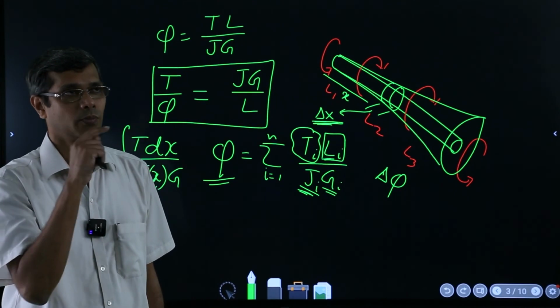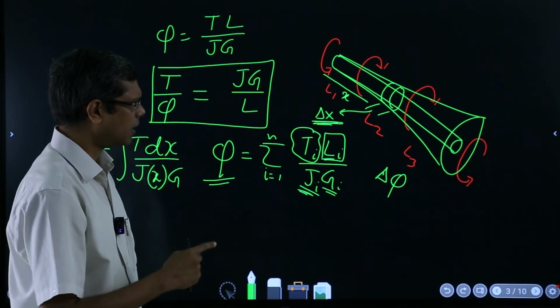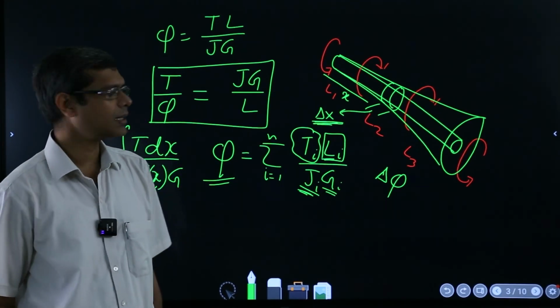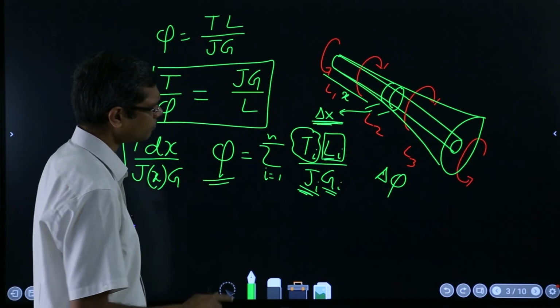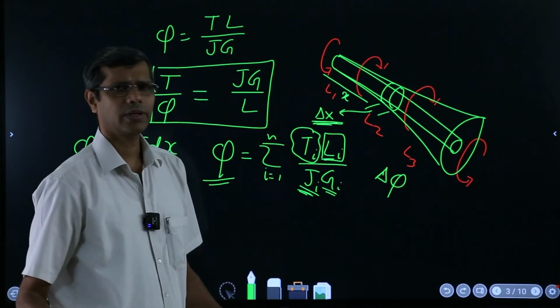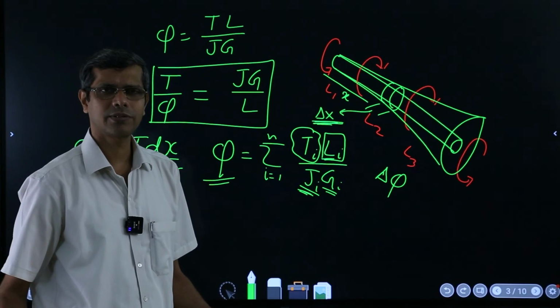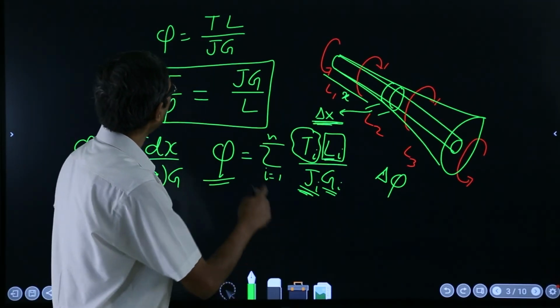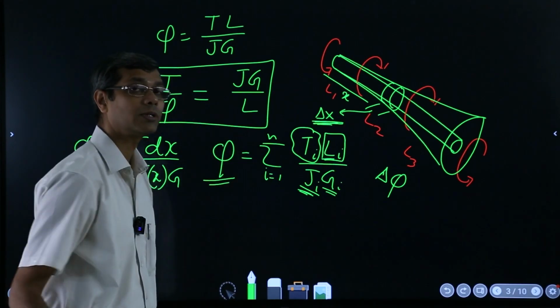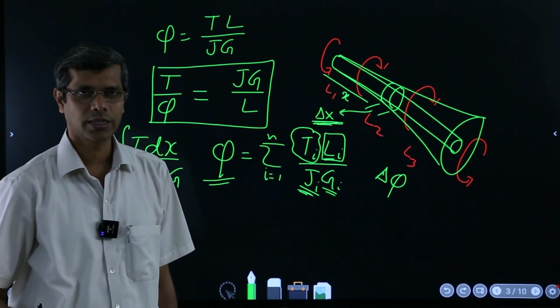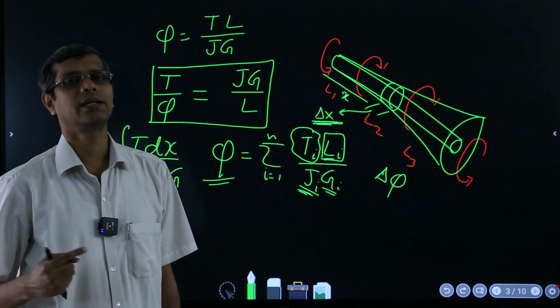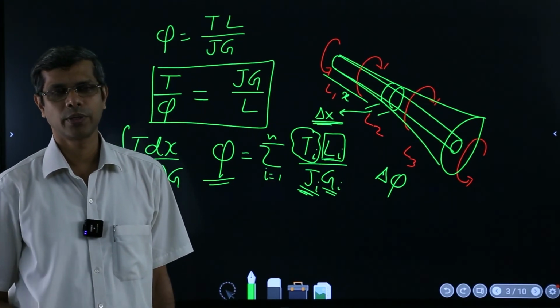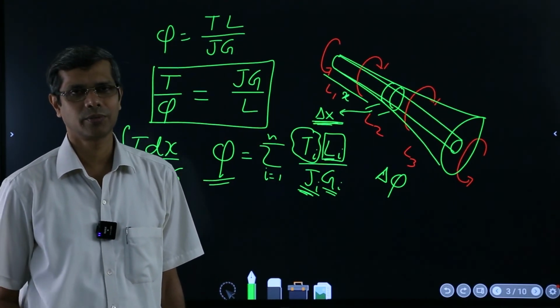And in fact, one more point, which I'll anyway discuss in detail in the next segment, is that if there is a statically indeterminate situation, you have to use these concepts of twist to get an additional equation, so that you will be able to solve a statically indeterminate problem.